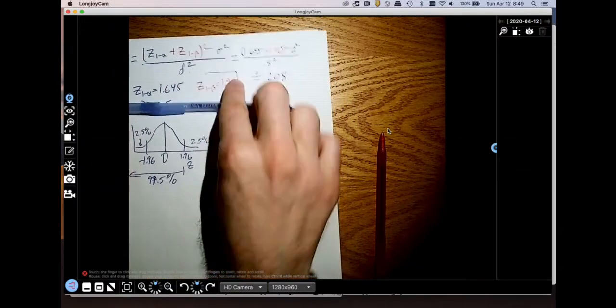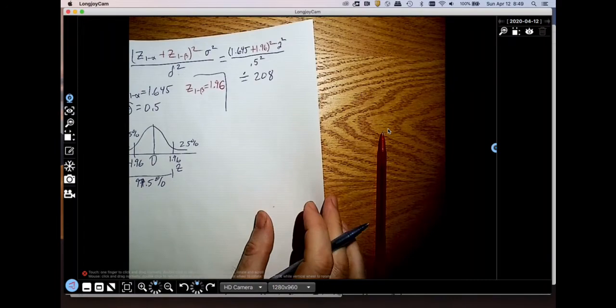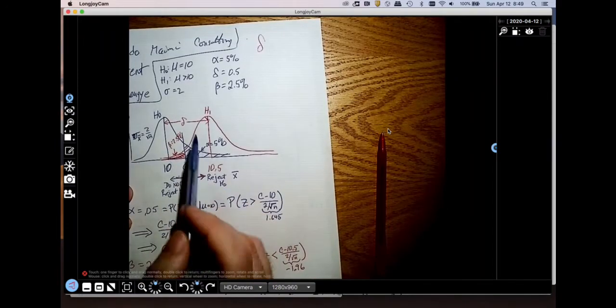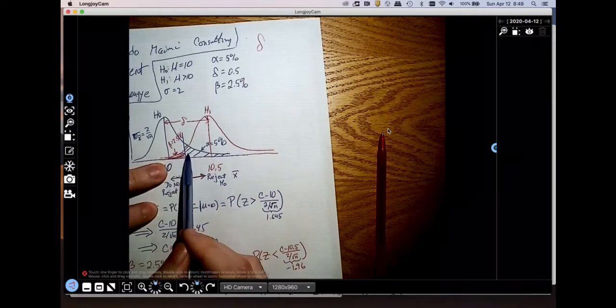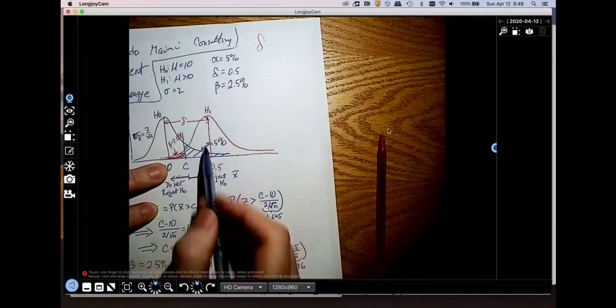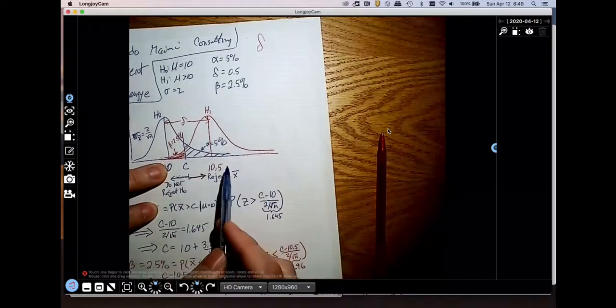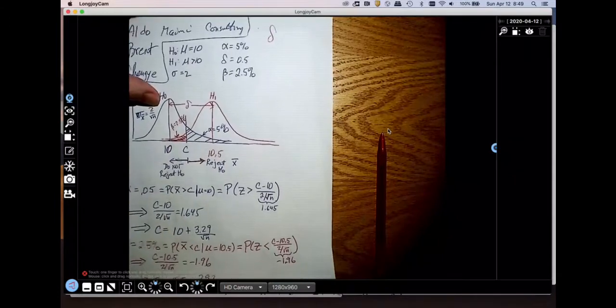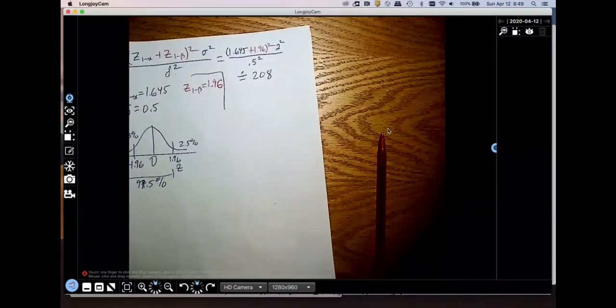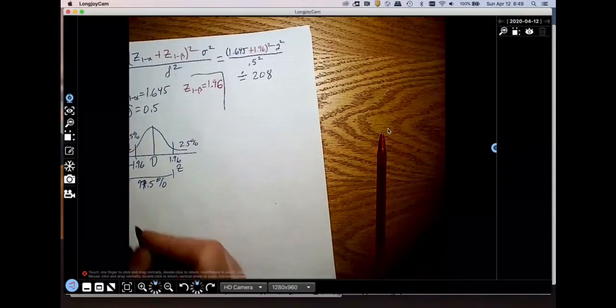So remember the picture that we had back here. I want to understand the power. So the power is this area under the red curve as a function of delta. So let's go try to write this out using very general notation.